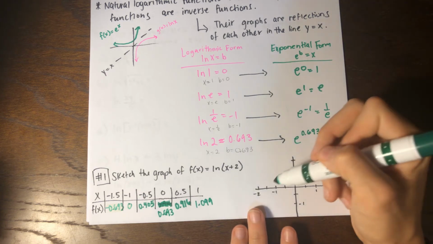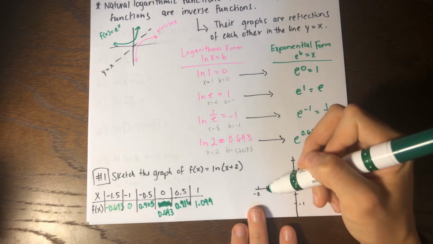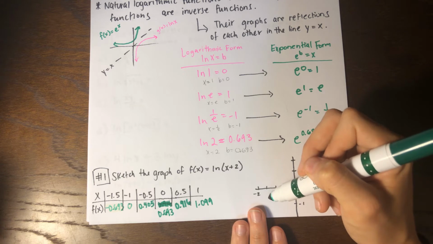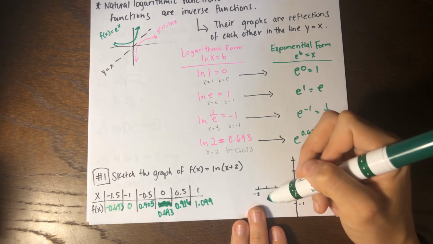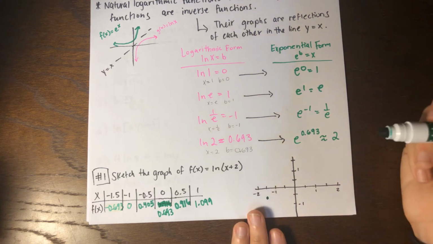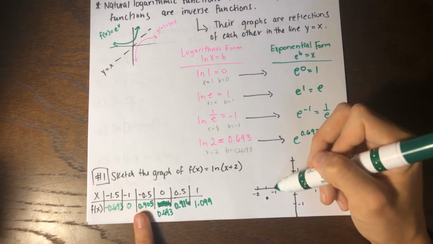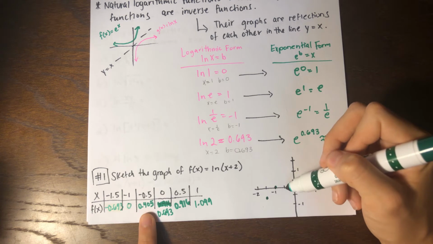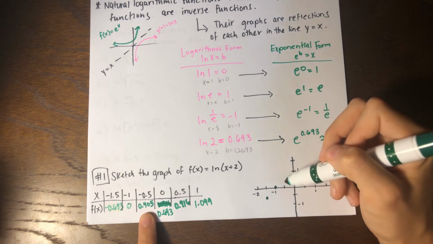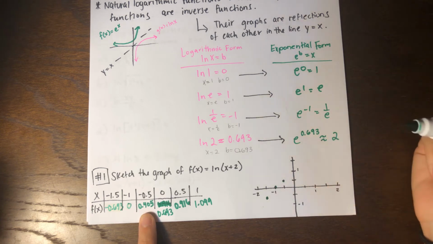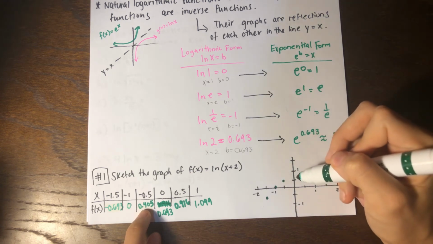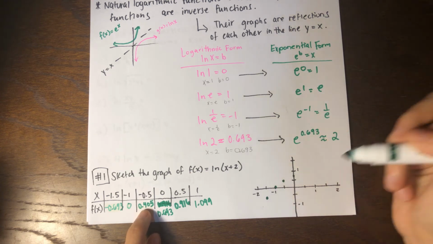So at negative 1.5, I go down to negative 0.693, so right about here. Negative 1 is 0. Negative half is 0.405, so just below the half. 0 is 0.693, so right about here.